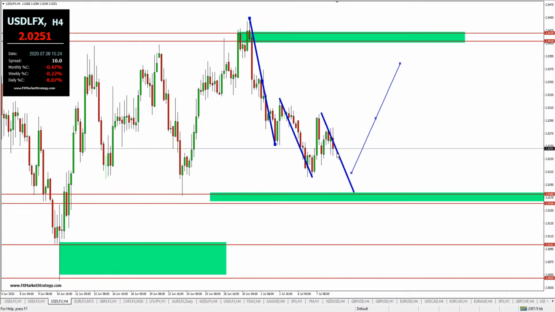Okay guys, here then we can be expecting some correction, then bang. Okay, so this may work out like this. Okay guys, so something to keep the eye on.